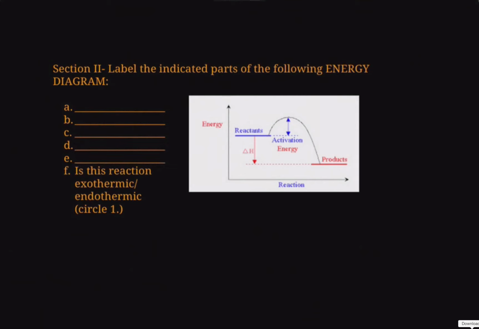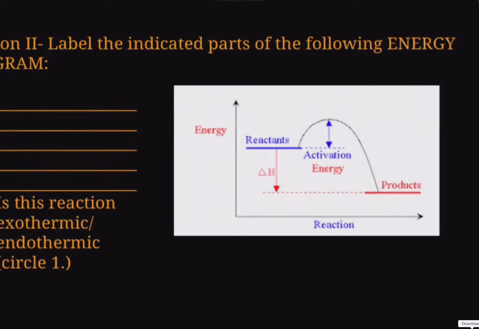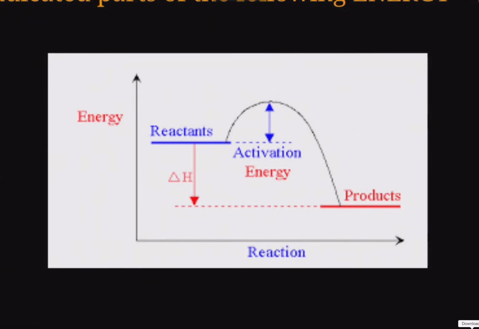All right, and I realized when I got this going that the image in the answer key has all the things filled in, and I didn't write in which ones I labeled A, B, C, and D, but if you're looking at your practice test, you can see which part goes where. So the y-axis is energy.